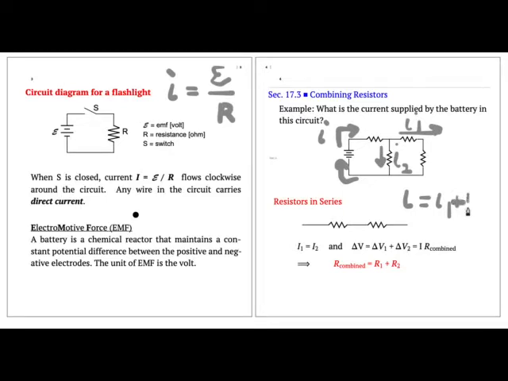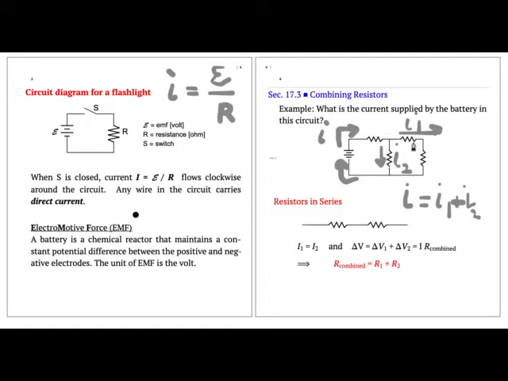In the book, you'll see that referred to as Kirchhoff's junction rule. If current comes into a junction, this point where the circuit splits into two parts, then the current flowing into the junction is equal to the current flowing out of the junction.